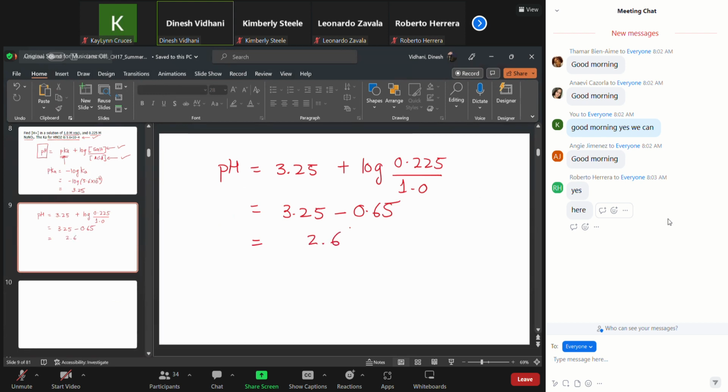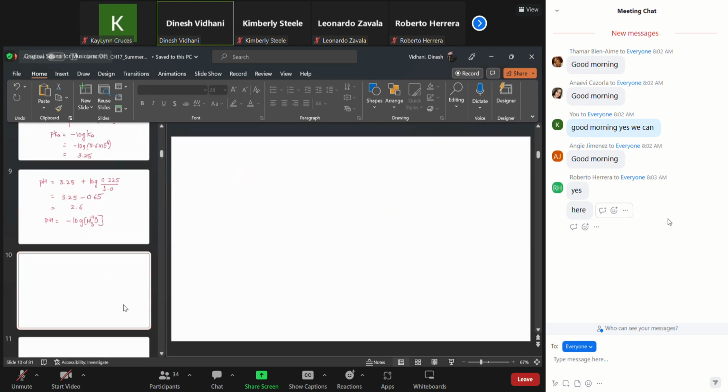So now you got the value for pH, which is good. But then what exactly is pH? pH equals negative log hydronium ion concentration, right? Now, how do I go about this one? Well, I will go on to the next slide. I'll make it a little bit bigger so you can follow what I have on the previous slide. So 2.6 is the value for pH.